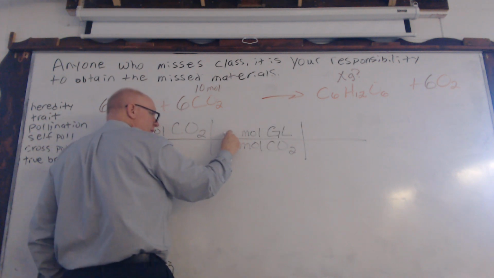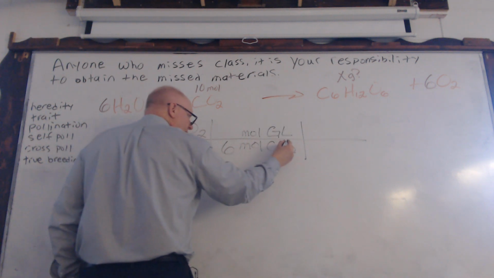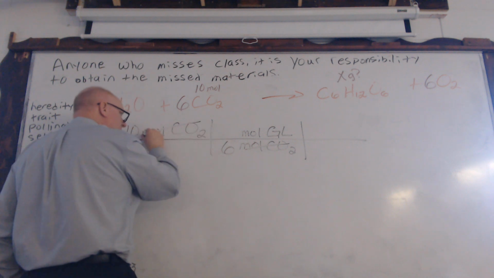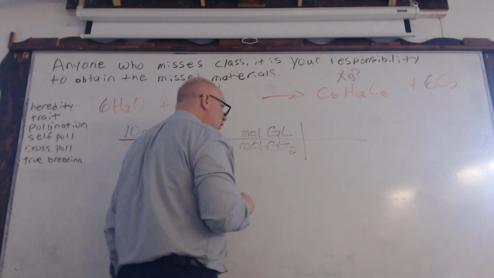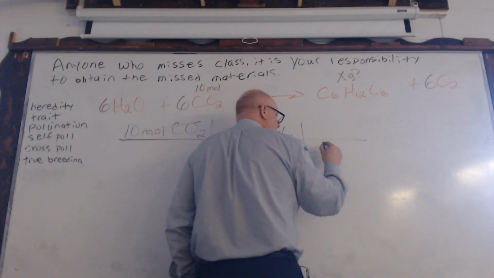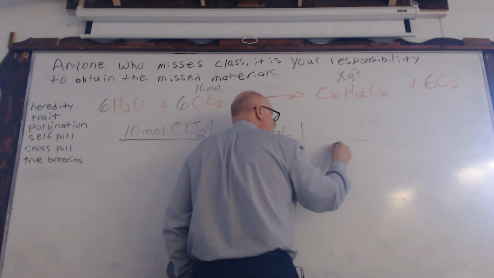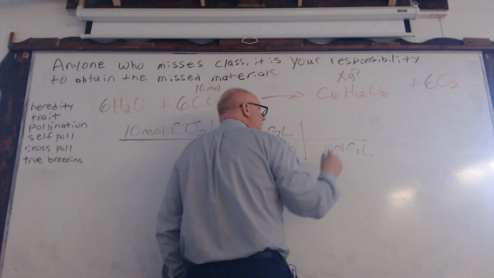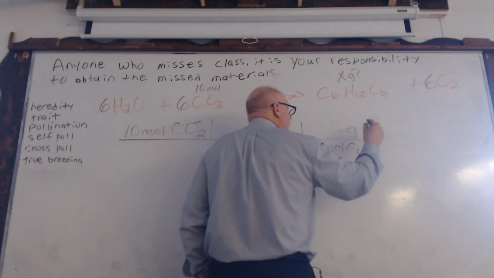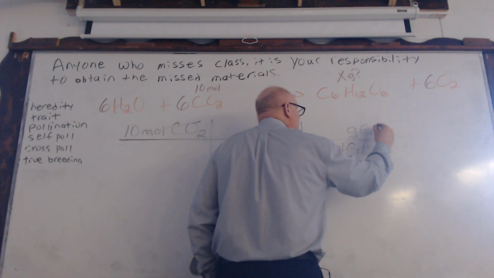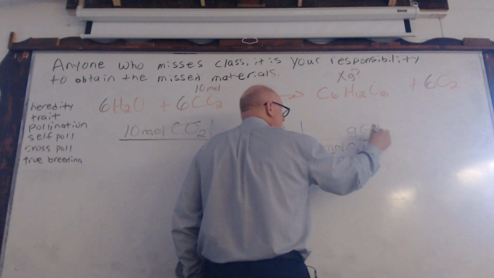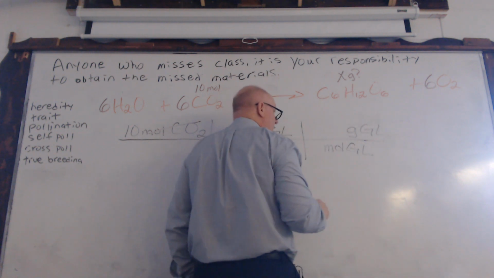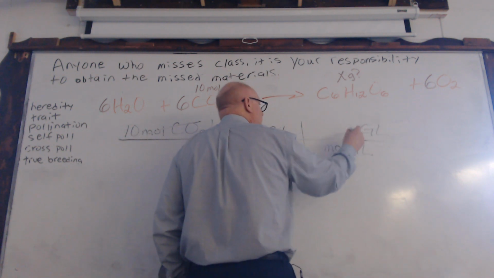There's a 1, so we can just leave it like that. These have canceled. Now, how do we get rid of this mole of glucose? And then this is where you have to be careful. As long as you know that glucose is that formula, you can go ahead and do that.